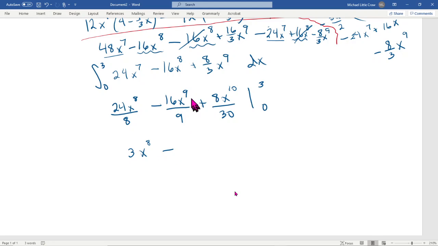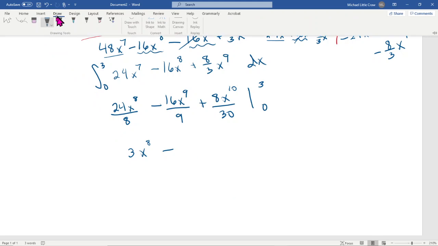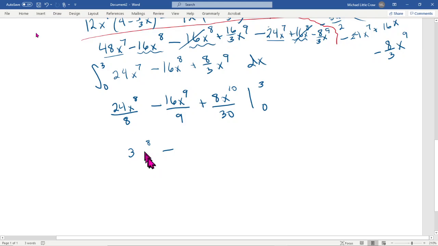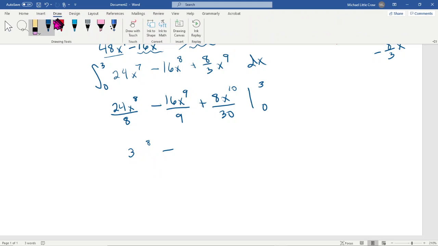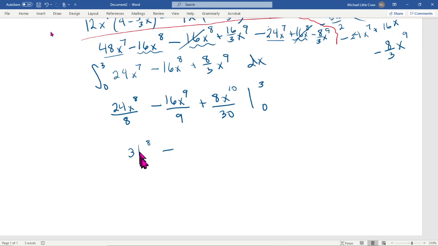This one is not going to simplify at all. Let's go ahead and start plugging in. Since we really just need to calculate this, right? 3 to the 8th, minus 16, 3 to the 9th over 9, plus 8, 3 to the 10th over 30.